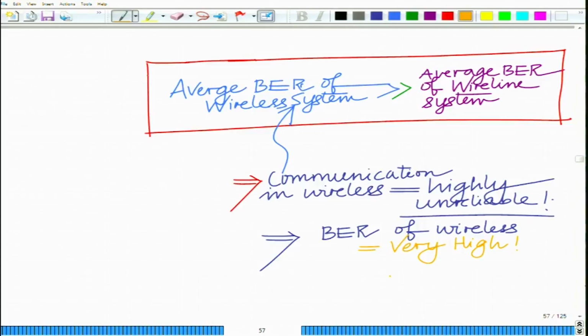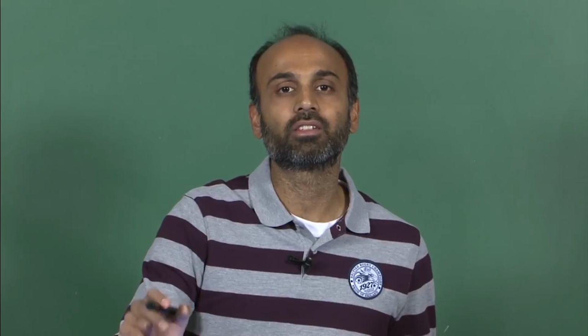And why is this arising? That is important. Remember, all of this is arising because of the fundamental difference between a wireline and a wireless communication system: the fading nature of the wireless channel, the fading channel coefficient.